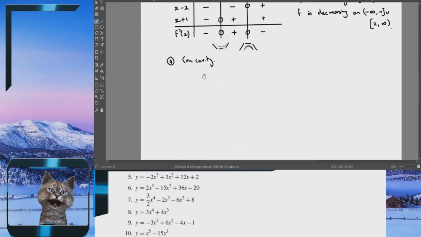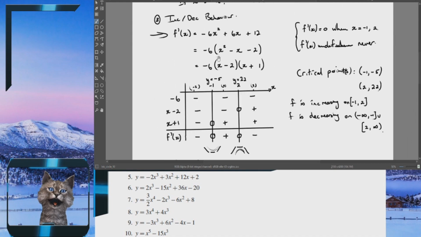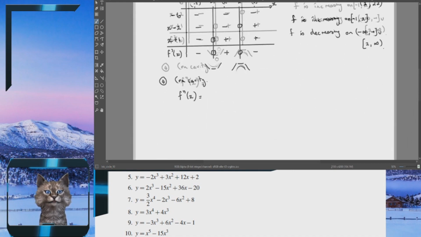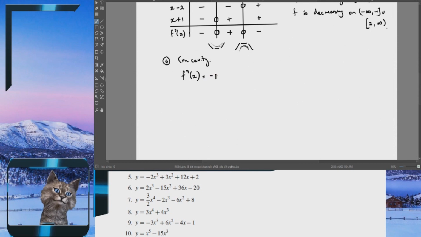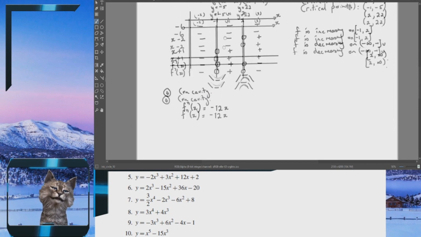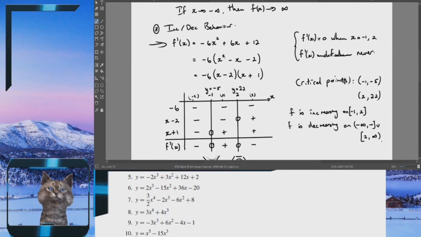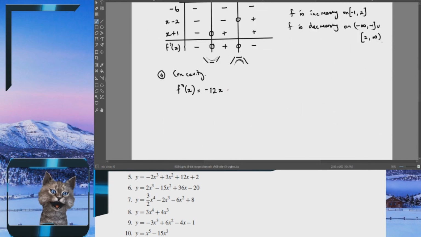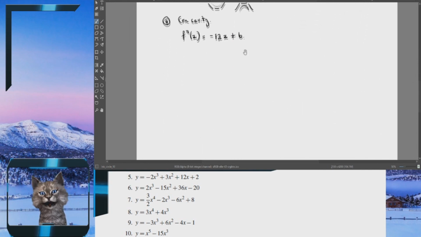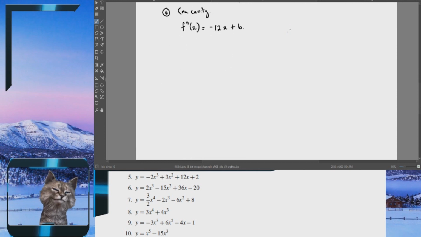So I'm going to have for my second derivative, it's going to be negative 12x and then it's going to be plus 6. So there's my second derivative.